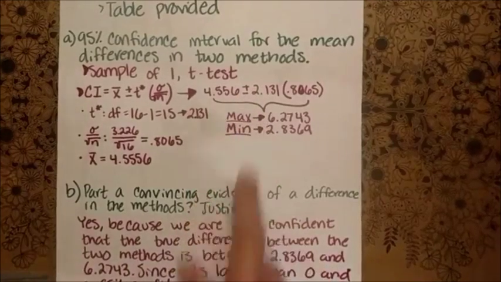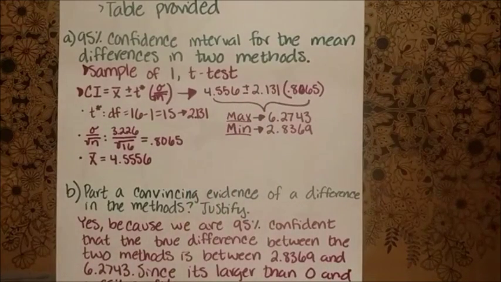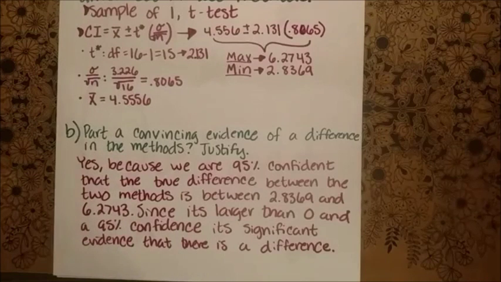So our max would be 6.2743, and our min would be 2.8369. So the differences are going to be in between there, in that range. And part B just asked us to give convincing evidence that there's a difference in the methods.